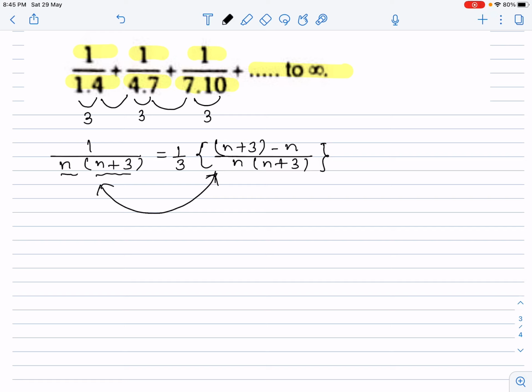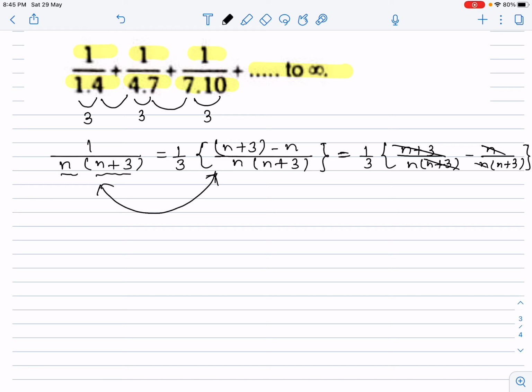Now guys, how to simplify the second form written over here? I'll write 1 by 3 as it is, and then I can break it: n plus 3 divided by n into n plus 3, and minus n divided by n into n plus 3. What will get cancelled over here? n plus 3 will get cancelled with n plus 3 and n will get cancelled with n.